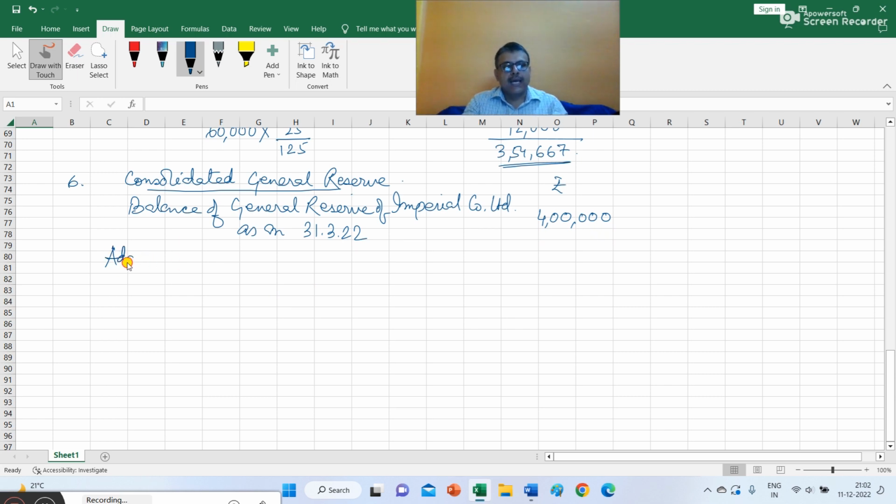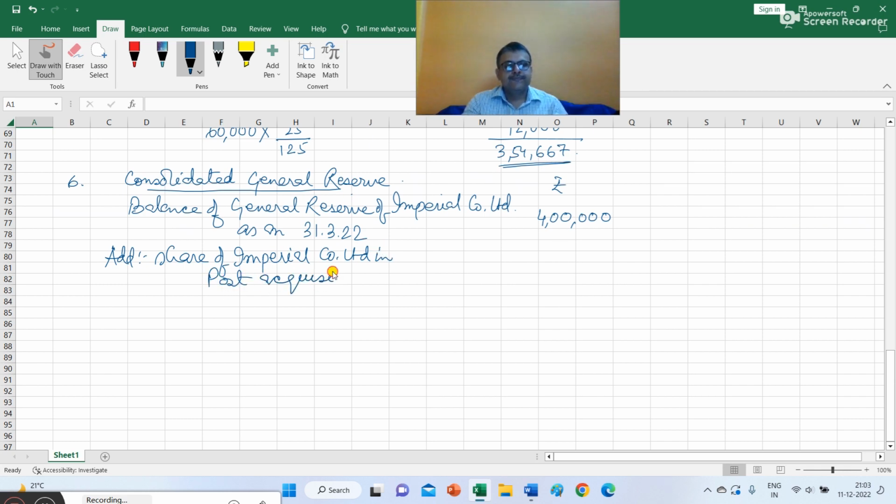And we have to add the share of Imperial Company Limited in the post-acquisition general reserve.